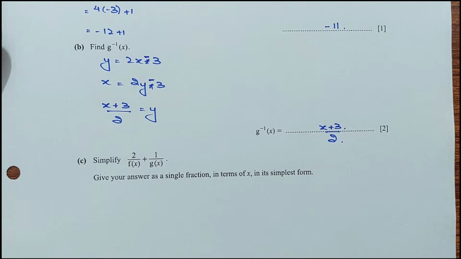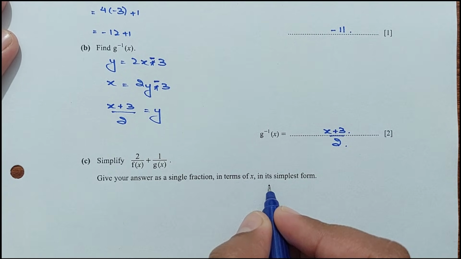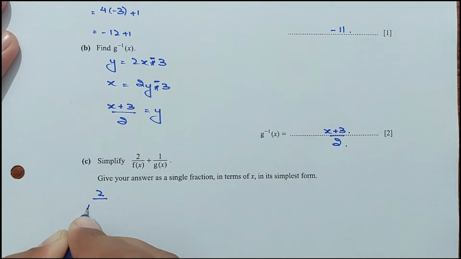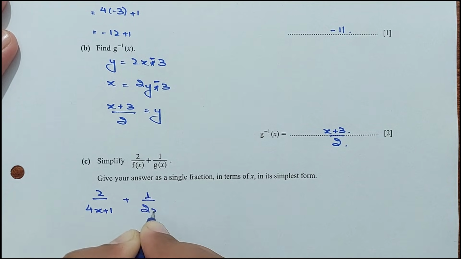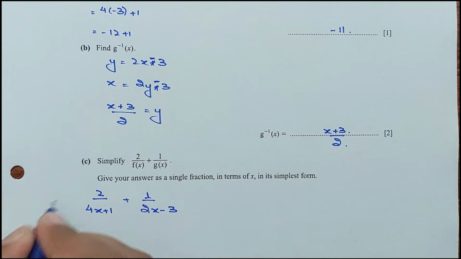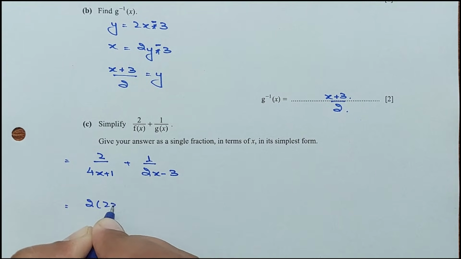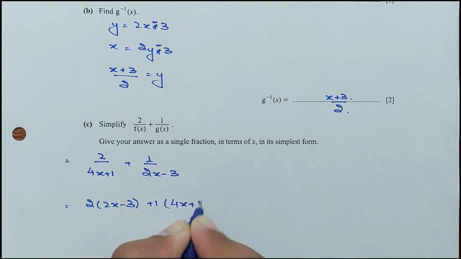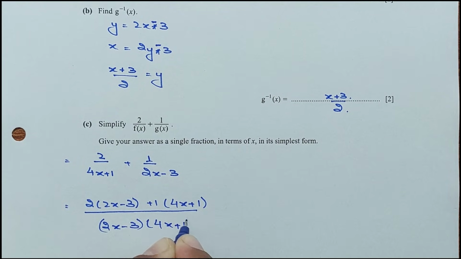Now for part C, simplify. Give your answer as a single fraction in terms of x in its simplest form. Right. So 2 over f of x plus 1 over g of x. Right, let me simplify this. So we have to do a cross multiplication, basically 2 into 2x minus 3 plus 1 into 4x plus 1, divided by 2x minus 3 into 4x plus 1.